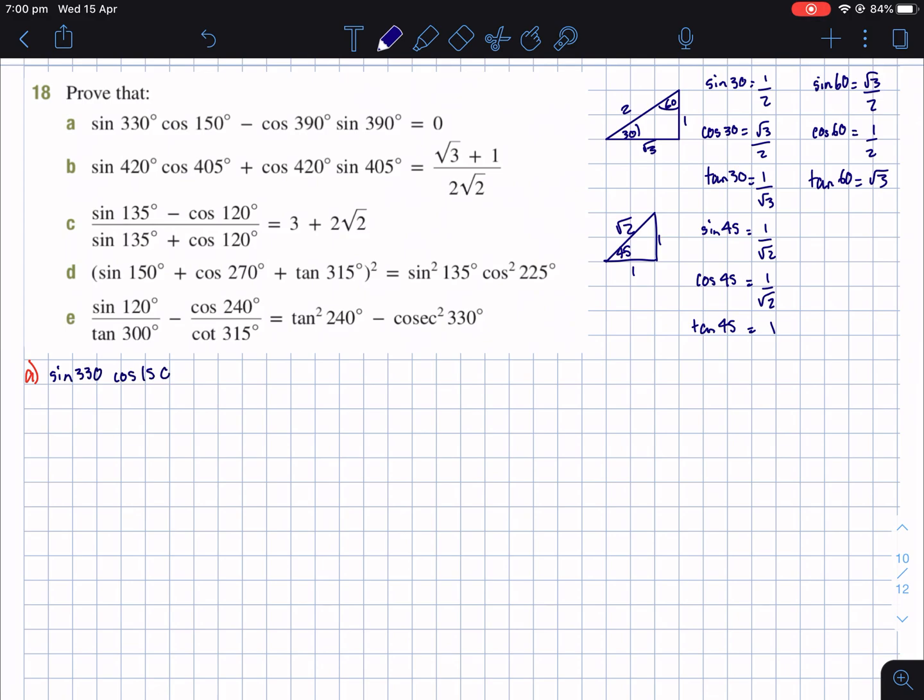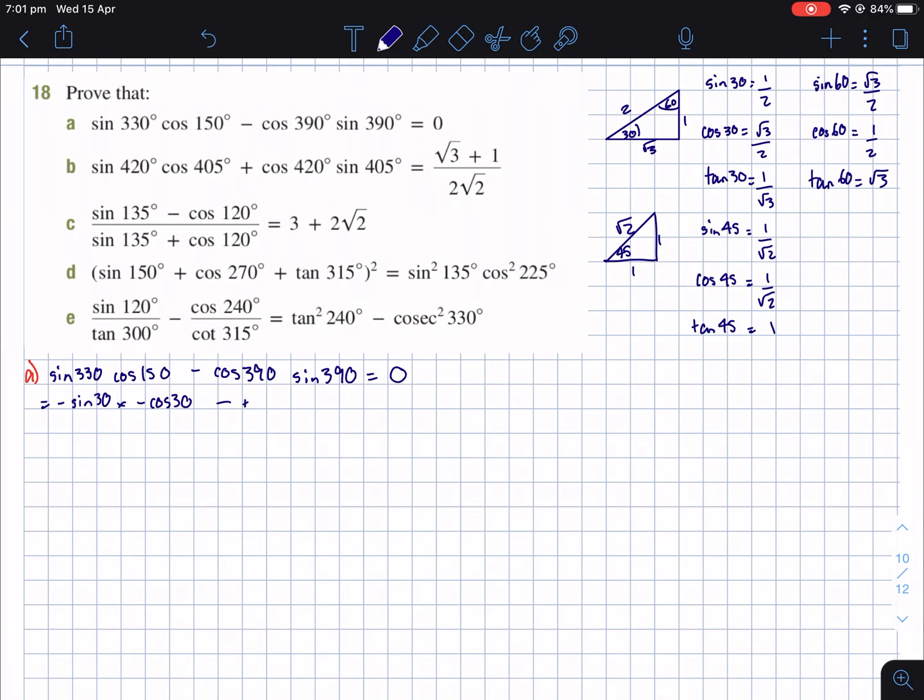So we've got sine 330 cos 150, minus cos 390 sine 390, and we're going to show that it comes out as 0. Now, sine 330, if you can think straight away which quadrant it's in, it's the fourth one, it's negative. Or if you chuck it in your calculator, that should come out as negative. And it'll just be negative sine 30. Cos 150, SATC, so that's going to be negative cos 30. Take cos 390, we're going back around into the first quadrant, so all of them are positive.